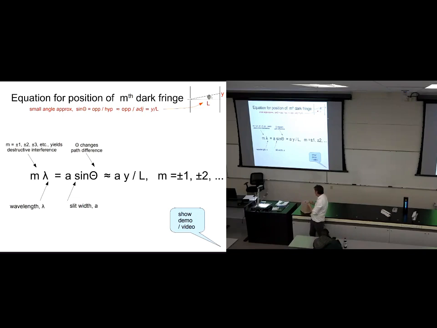M is the index of the dark fringe. So it's m equals 1 for the first dark fringe, m equals 2 for the second dark fringe, m equals 3 for the third dark fringe. a is the slit size, the slit width, the aperture width, and L is the distance from the aperture to the screen. It's the screen distance from the aperture. And so this is that master equation.